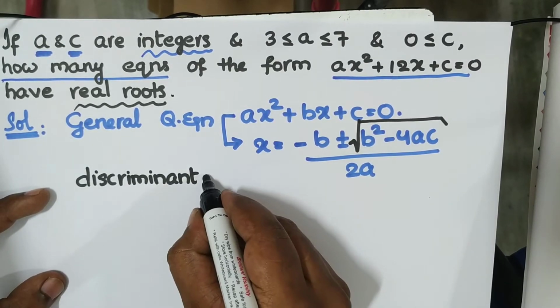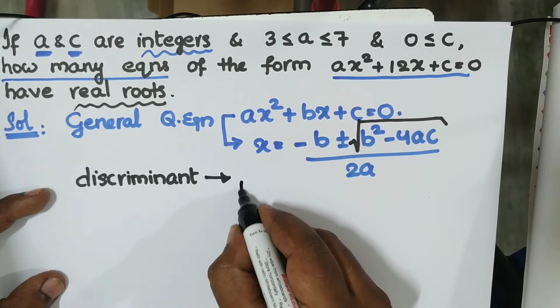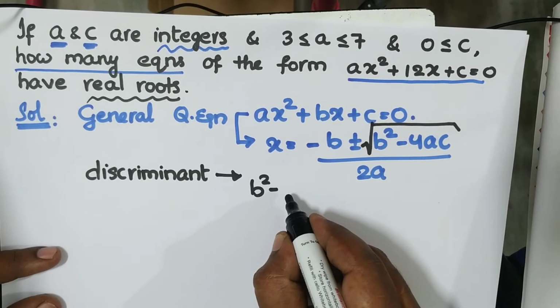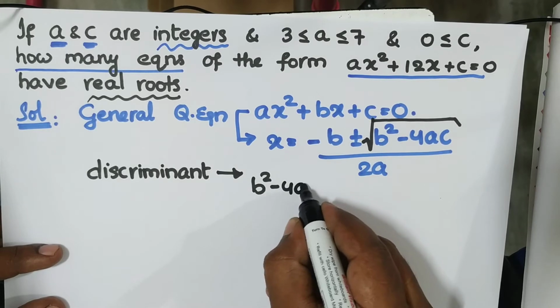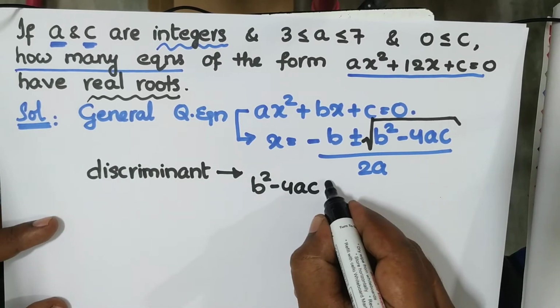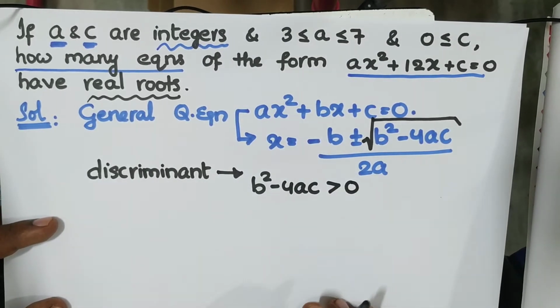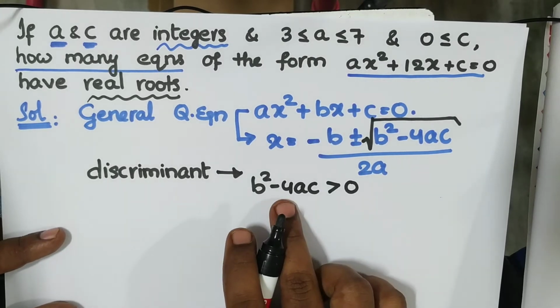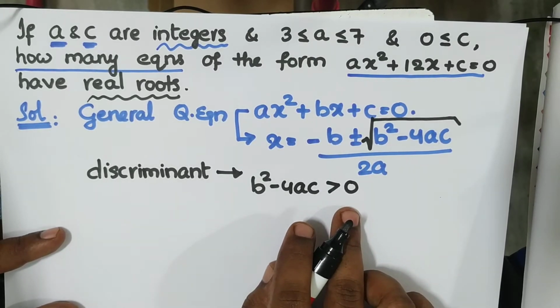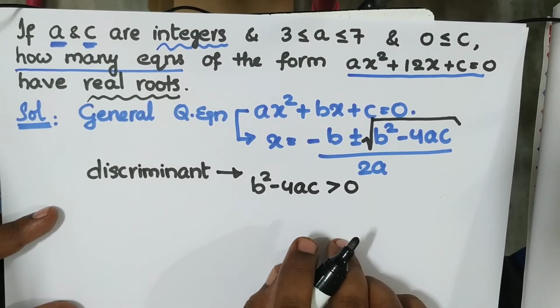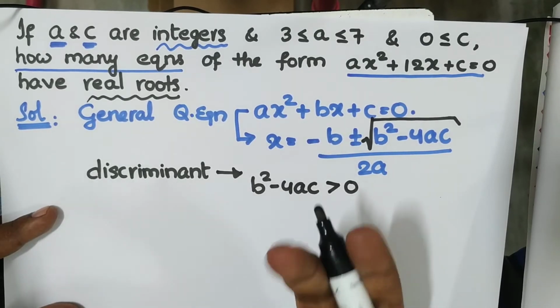This discriminant, that is b square minus 4ac, must be positive. If the discriminant is positive, then definitely you will get real and distinct roots. Distinct means two different roots.